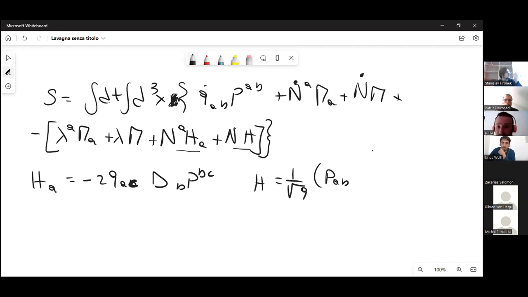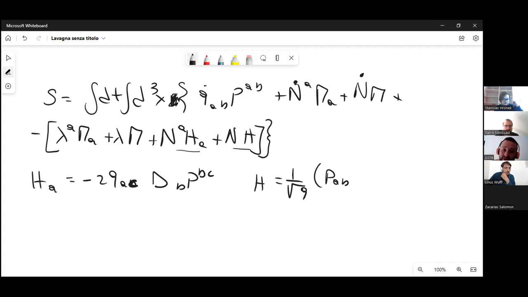Exactly. You remember that PAB is square root of Q and something else. Of course, this is 0, this is 0, and also this will be 0, so it's not important here. And here you have again the square root of Q, and here we have the square root of Q. So actually it's hidden, but there is.